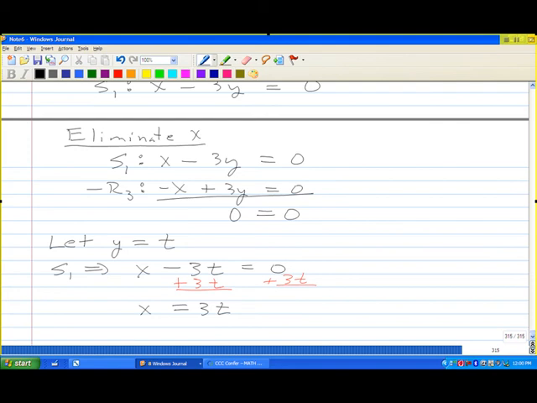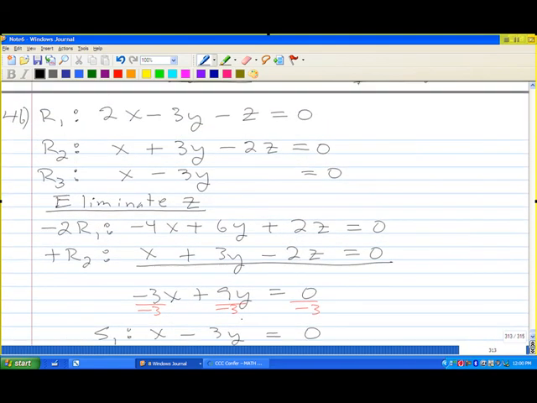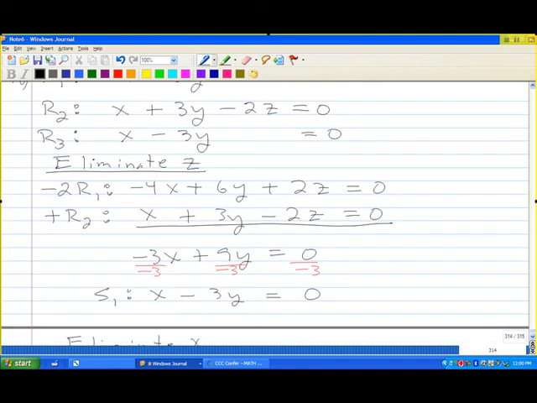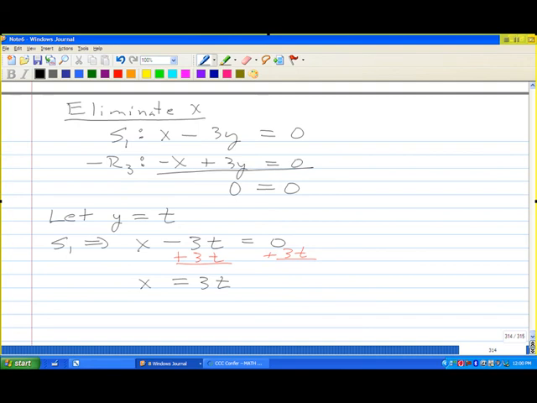Now I can plug into really almost any equation here. Well, R1 or R2. Maybe I'll plug into R2. So I have x plus 3y minus 2z equals 0.